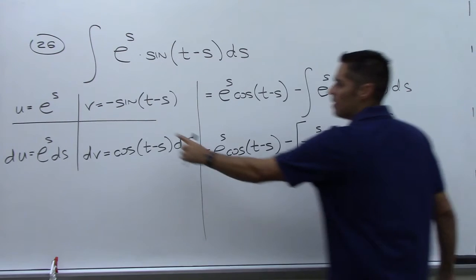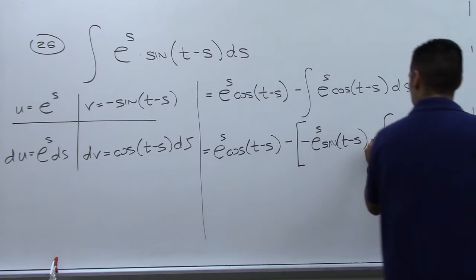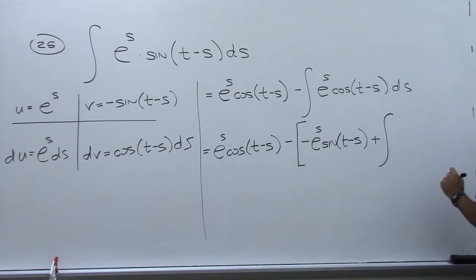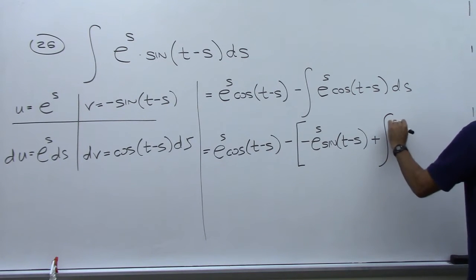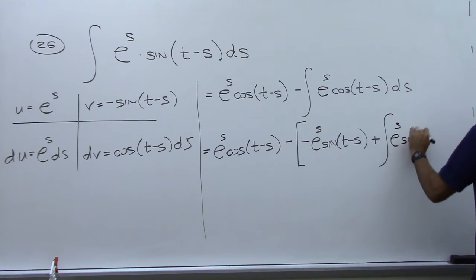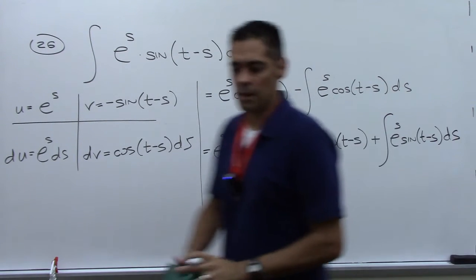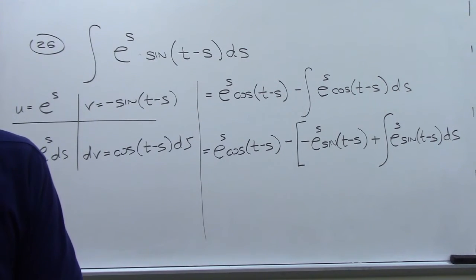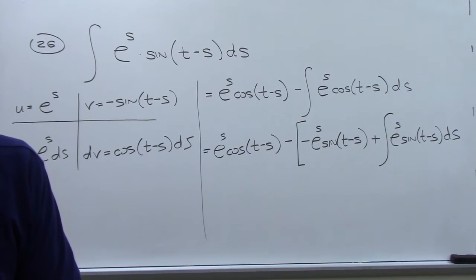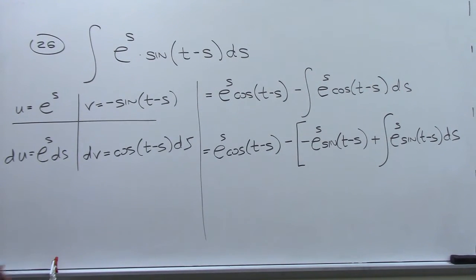And notice I have a negative sign here, so I'm going to make this a plus. And then we're going to have e to the s sine t minus s ds. Let me make sure that it's coming out. Close it off.